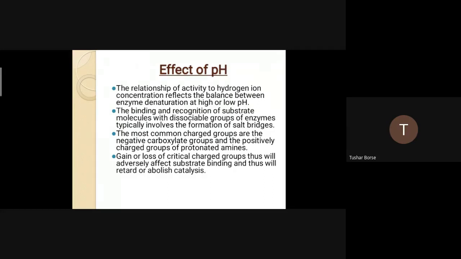So every enzyme will have an optimum pH where the velocity of reaction is maximum. Each and every enzyme has a particular range of pH, and it works in that limited range. So when we plot a graph of rate of reaction versus pH, we get a bell-shaped curve.